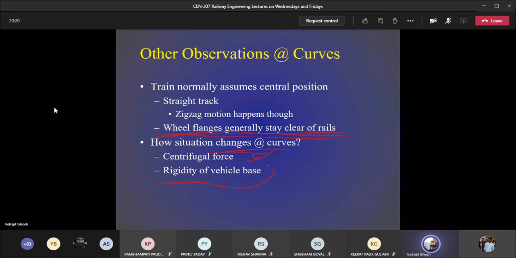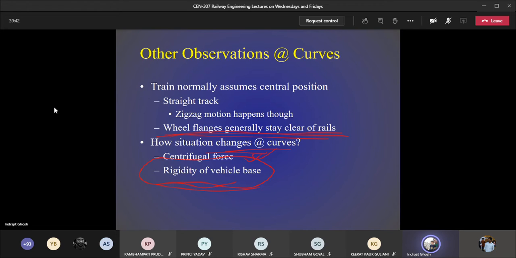At the same time, we have heard something about the wheelbase. In highway and traffic engineering, understanding the wheelbase is comparatively easy. But in railway engineering also, rigid wheelbase and flexible wheelbase are two different kinds of innovation.